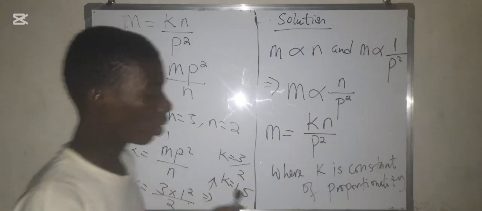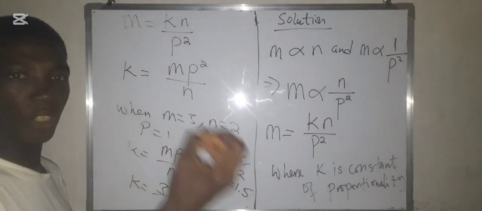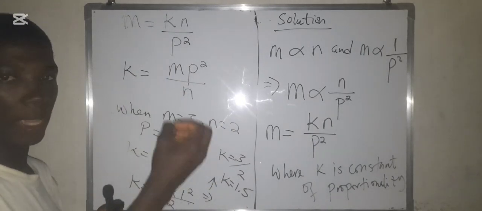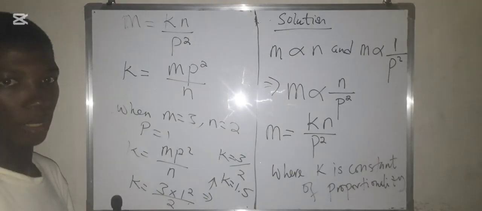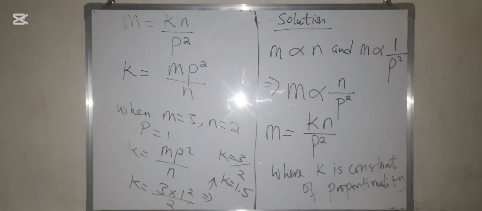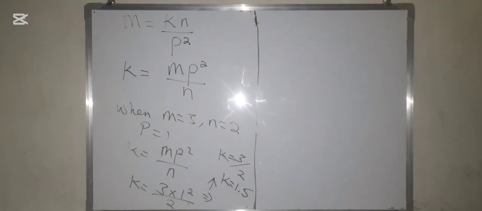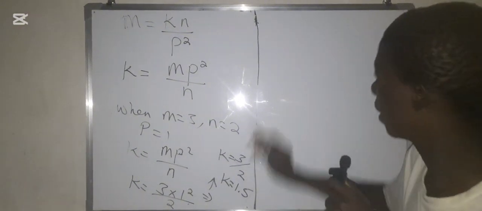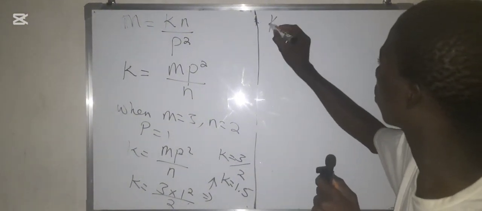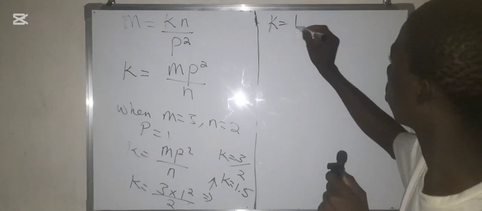Now we can find the equation connecting M, N, and P. We said K is 1.5.